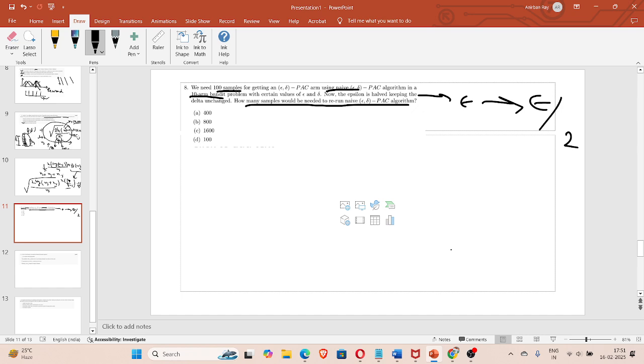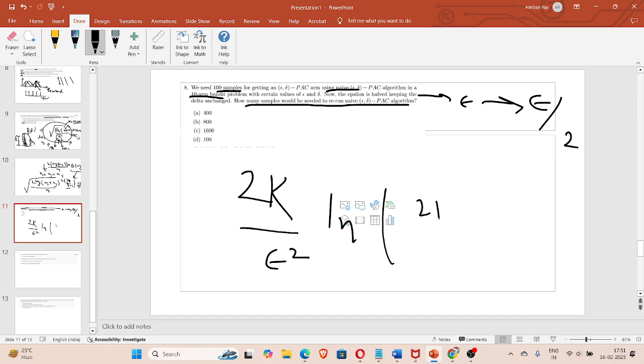In the naive PAC approach, the number of samples to be taken is given by 2k by epsilon square ln 2k by delta. K is the number of arms, so it is fixed for the two scenarios.